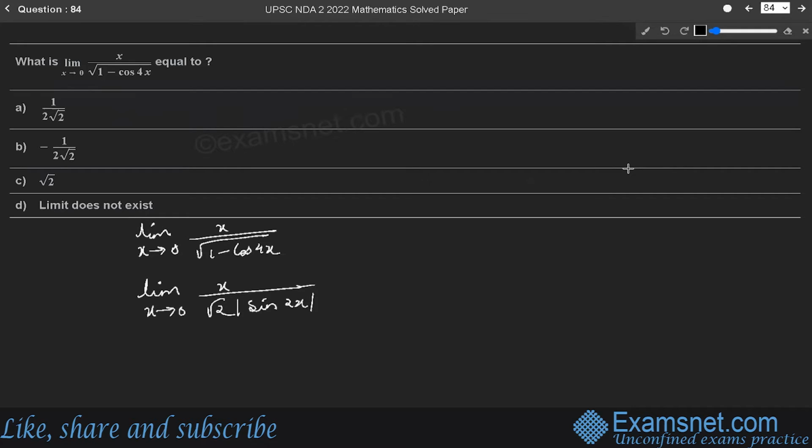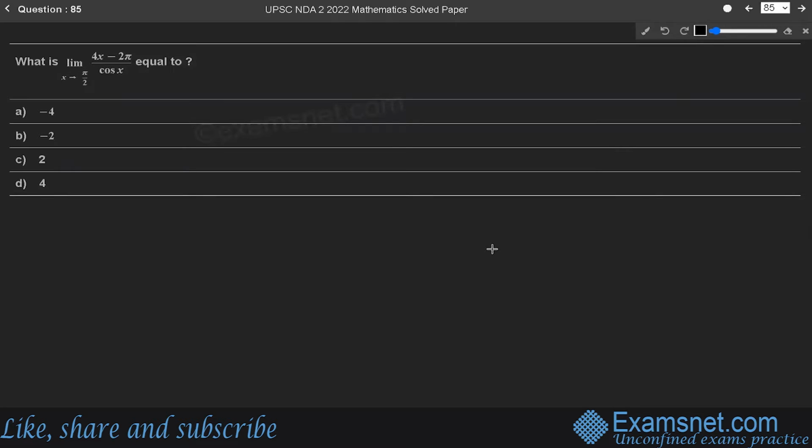Now, since there is modulus of sine 2x, it means that the value cannot be determined. So the limit does not exist for this particular portion. Therefore, correct option is option number D, which is limit does not exist. See, it is this simple question.